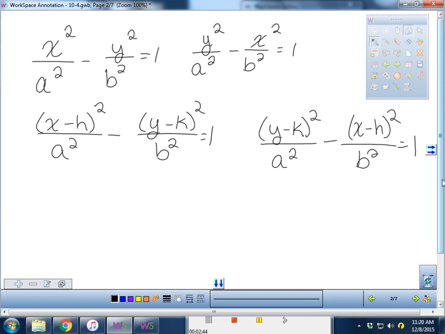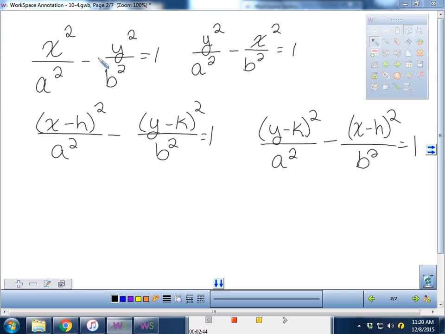All right, so here are your general equations for hyperbolas. This is with a center at 0, 0. I want to point a couple of things out. First off, let's look at these two up here. Hyperbolas always have a minus sign in between the x and the y.